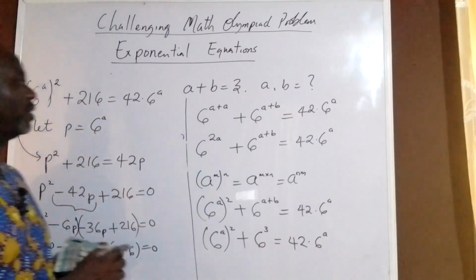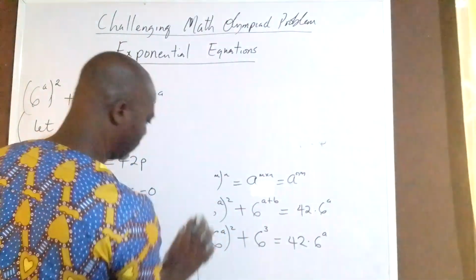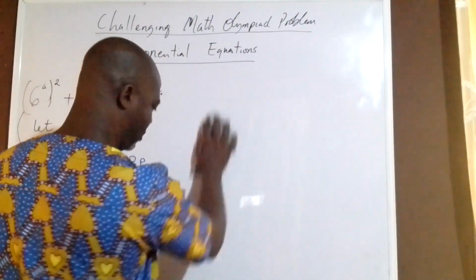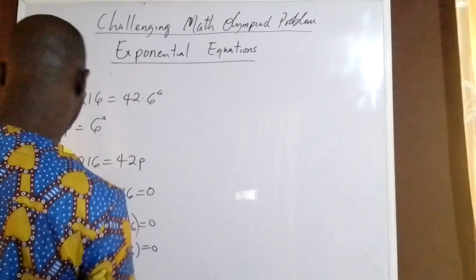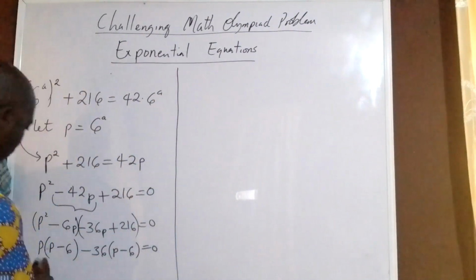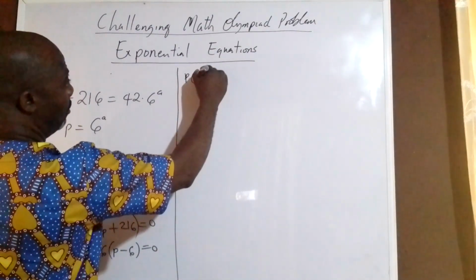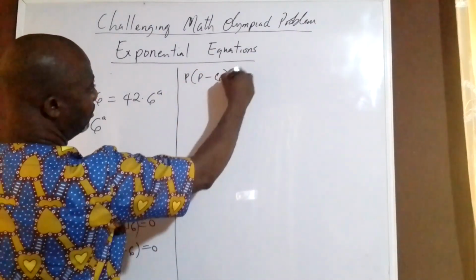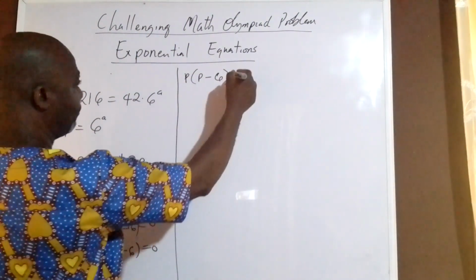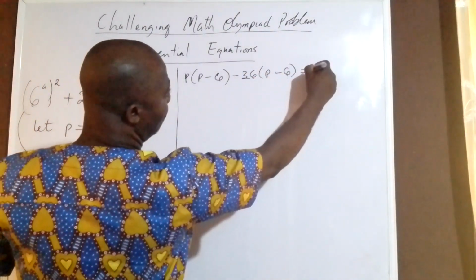So let me move over to that side. On this side, we further have P bracket P minus 6, then you have minus 36 bracket P minus 6 equal to 0.